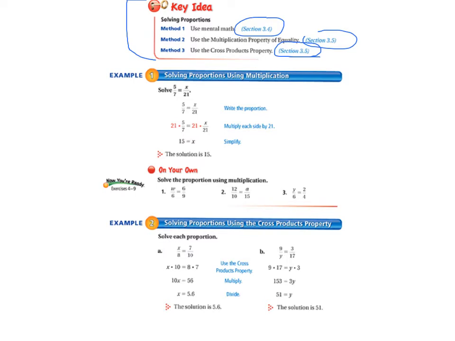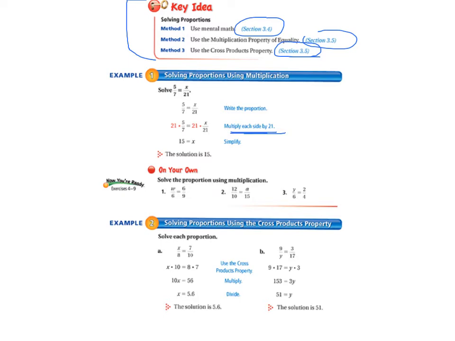solving proportions. So example 1, we're solving proportions using multiplication. It says to solve 5/7 equals x over 21. Write the proportion. So this is just like solving any other equation. We see that our x is with a 21, so it's divided by 21, so we need to multiply each side by 21 to get that x by itself.